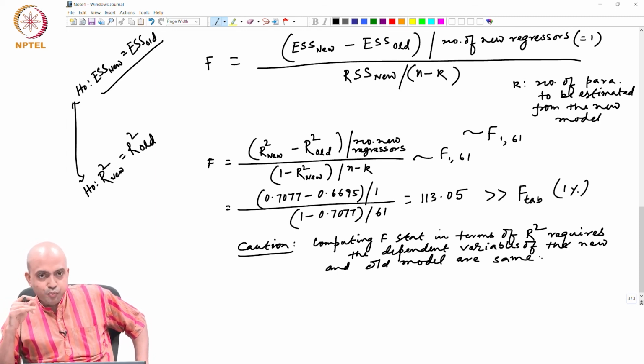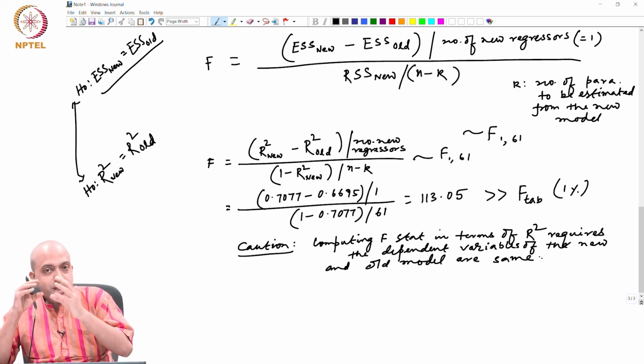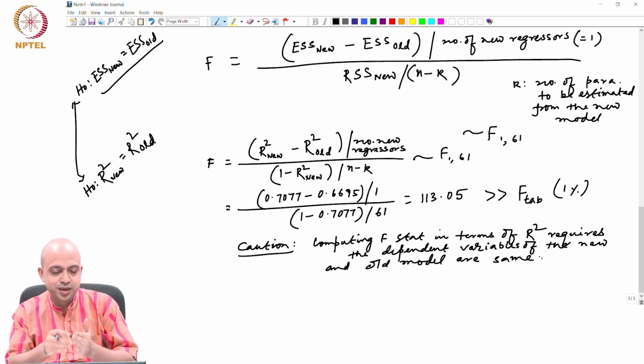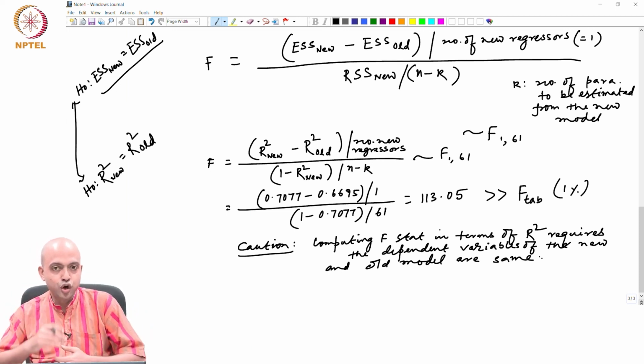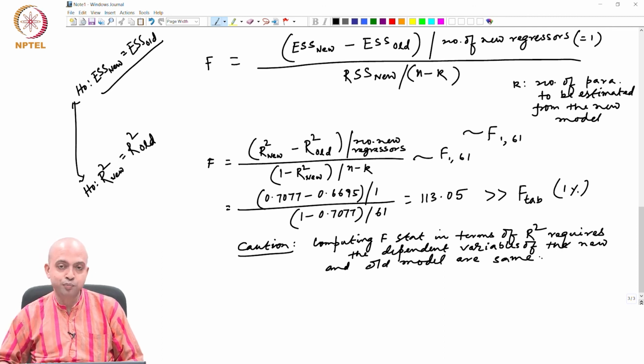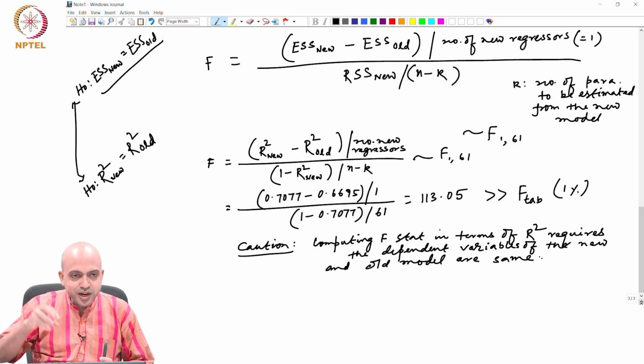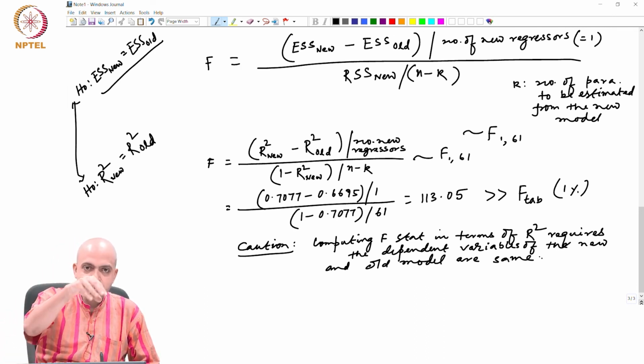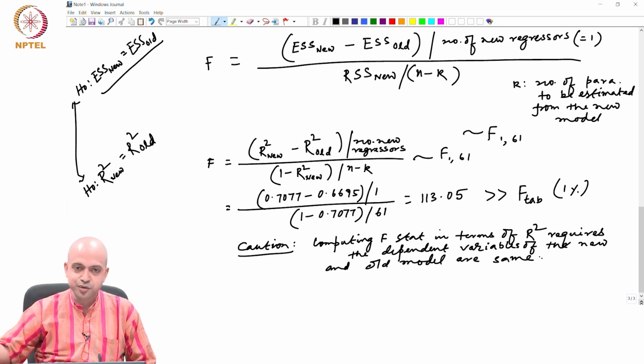This type of comparison is meaningful only when the dependent variable is the same. When the dependent variable is different, say in one model it is Cm and in another model it is log of Cm, then we cannot compare the two R squares, because R square by definition says what percentage of the total variation in the dependent variable y is explained by your model.